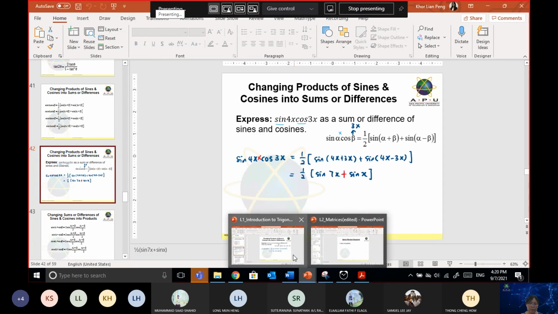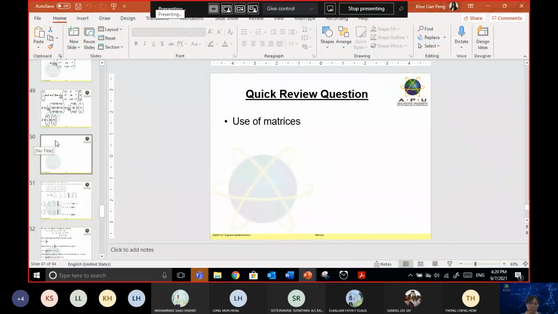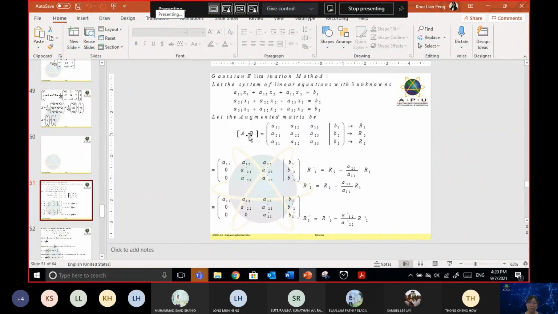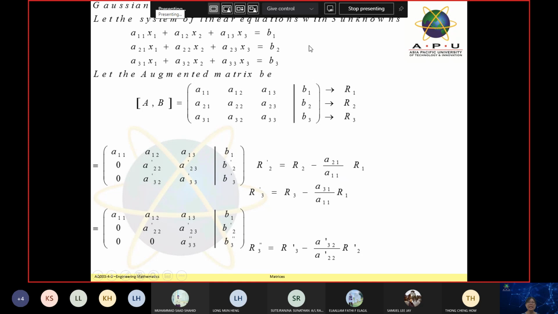Let me continue with the matrices. Remember as I said, there are 3 methods to solve the simultaneous equations with 3 unknowns.